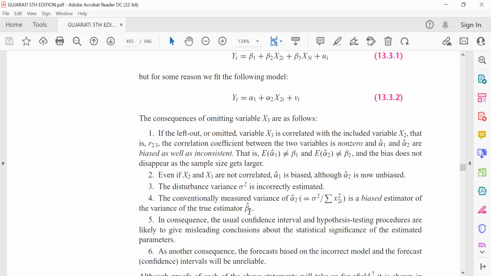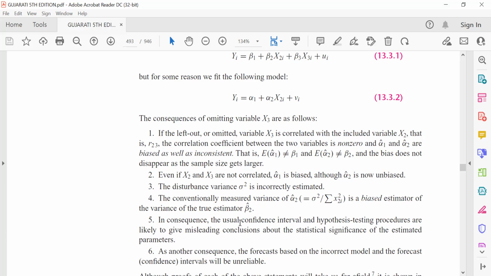Number 3, the disturbance variance sigma square is incorrectly estimated. Conventionally, the measured variance of alpha is a biased estimator of the variance of the true beta. In consequence, the usual confidence interval and hypothesis testing procedures are likely to give misleading conclusions.